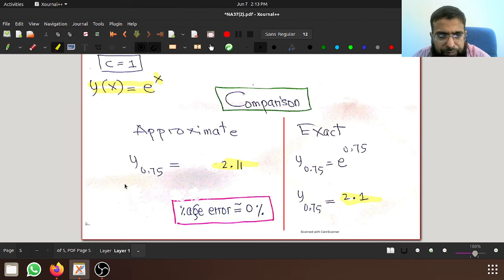You will try different values of h, and different values of the desired x, and you will see that you reach an approximate value that is very close to the exact value, proving that the Runge Kutta numerical method is very useful and brings an answer that is very close to the exact answer.